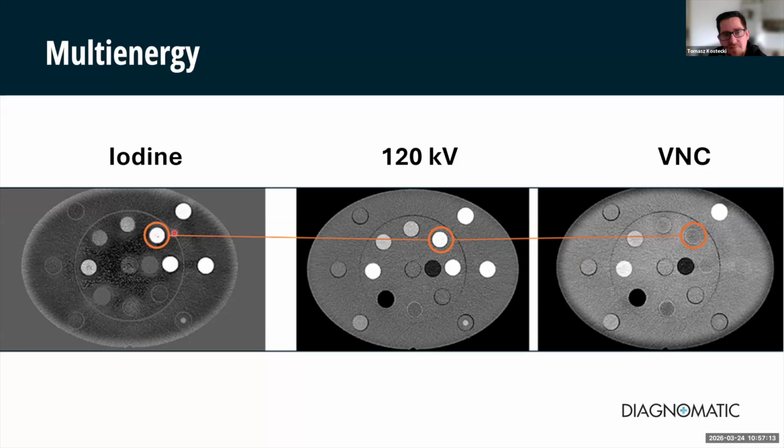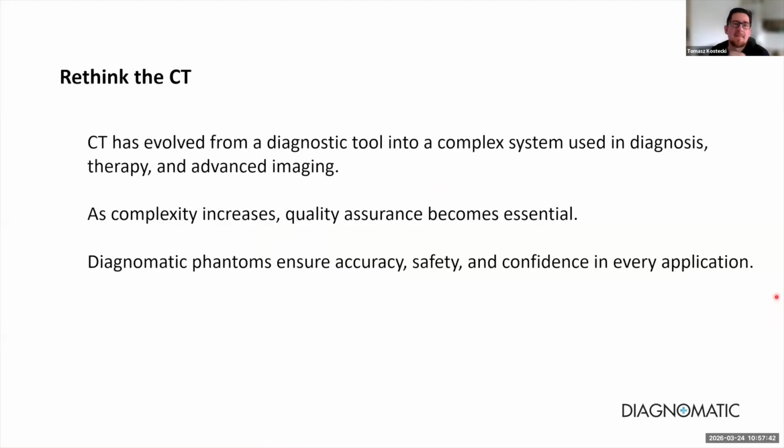As you can see on the iodine images, for instance, this sample is pure white, and on the non-contrast image, the iodine was removed from the image.